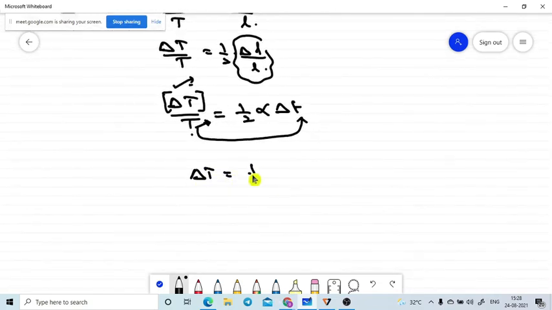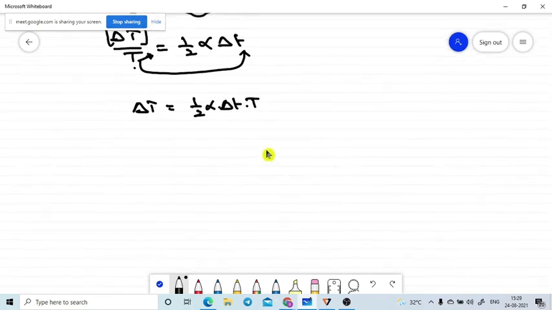Delta T is equal to half into alpha into delta t into T, the initial time period of the wall clock. They are asking how much time it loses in one day. How much time does it lose in a day?